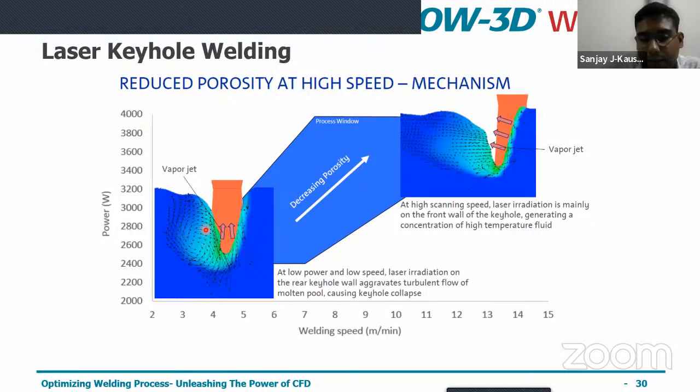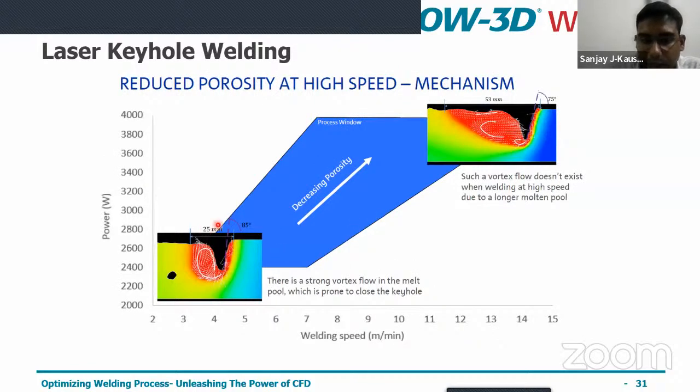So these are the main reasons why you can get porosity. You can also see an example image of low speed, low kilowatt power, and how much porosity you are getting. Same material, same parameters, with just an increase in speed and power, you can find a very clear metal and a very good solidification rate.